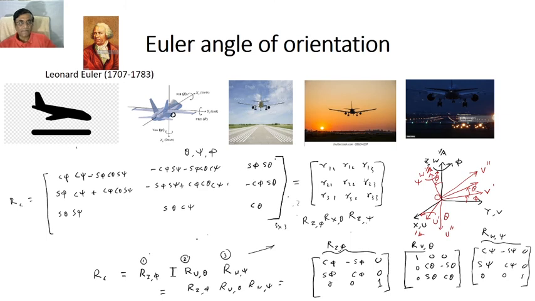This is equal to this, and since this is given, all the elements are known. So in terms of atan2 function, I can easily get theta, phi, and psi. That's it.